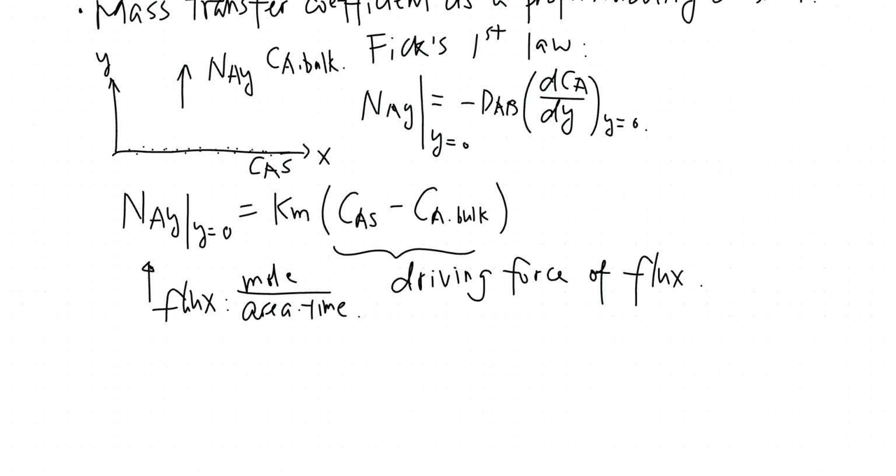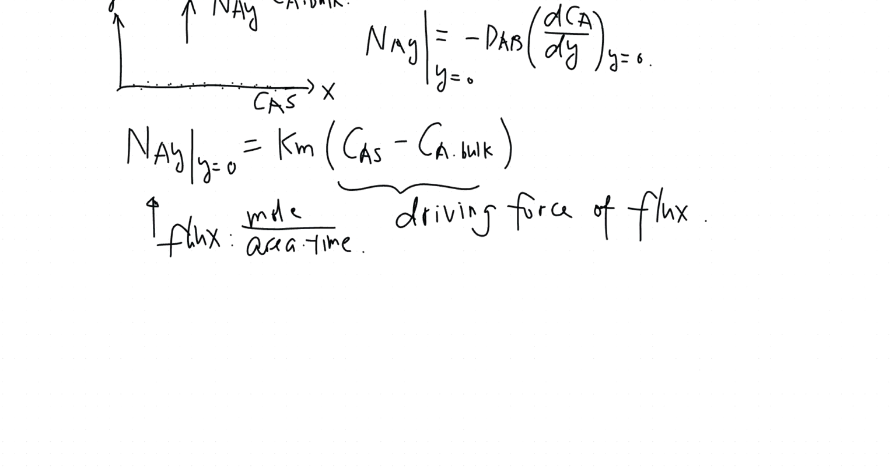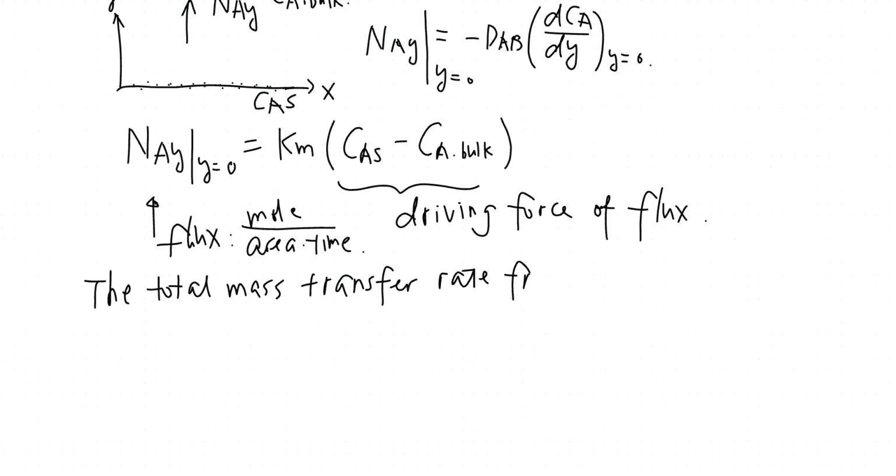So what if you wanted to know the total mass transfer from a surface of area S? The mass transfer rate from a plate of surface area S, we use a dot to denote the mass transfer rate.